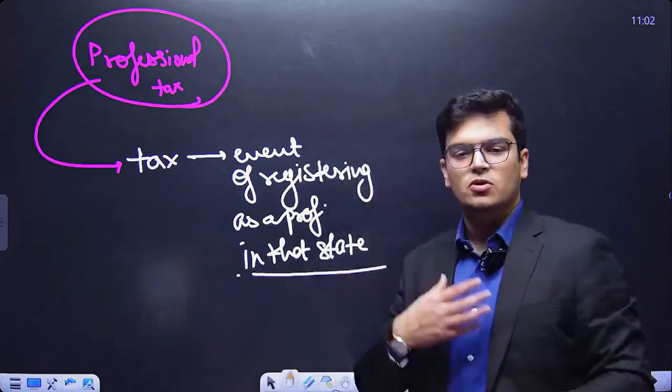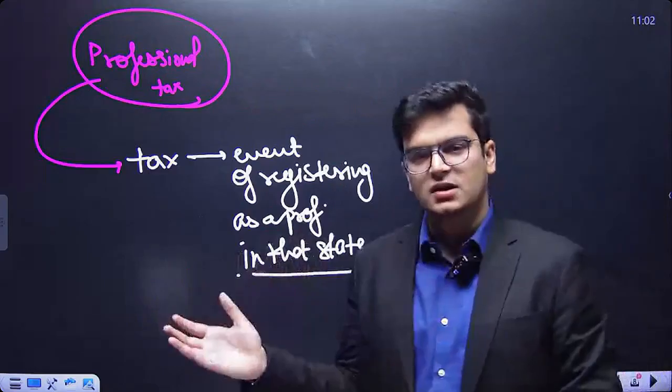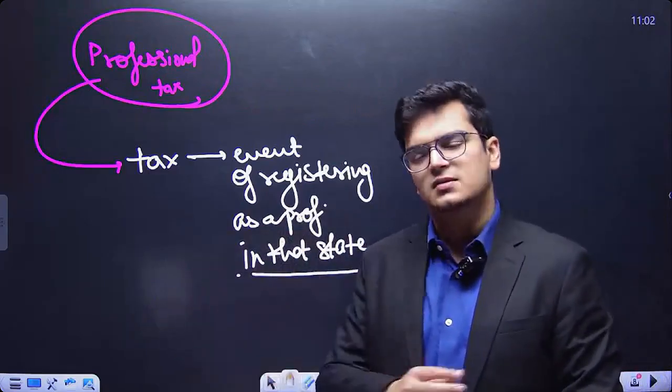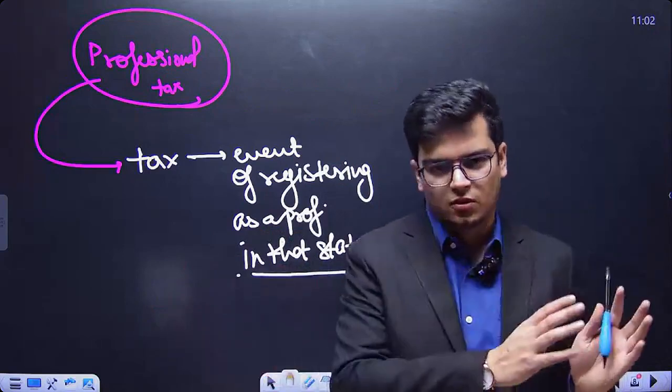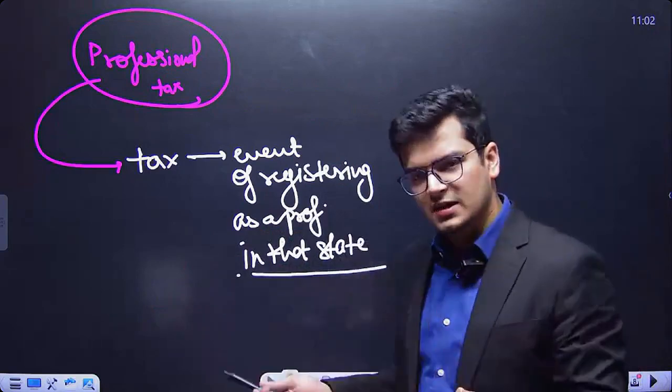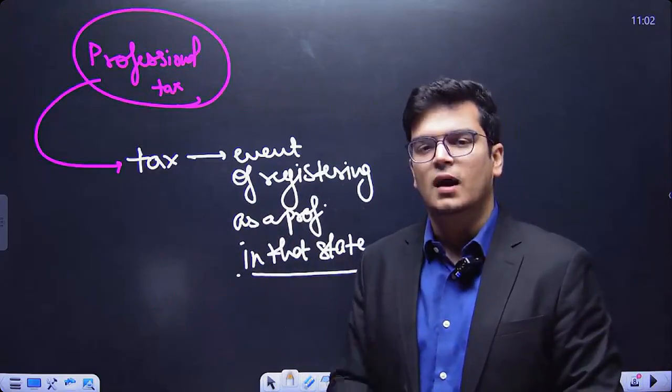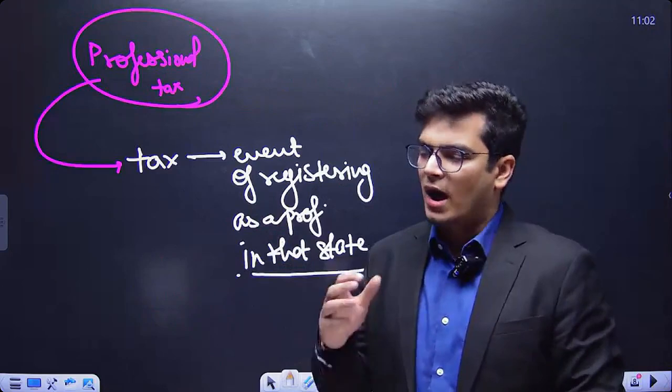For example, I am a doctor. My registration currently is in Delhi, right? I can register in any state of India. I can register in all states of India because of my degree. I am allowed to practice medicine in all states. Today, let's say I go and register in Haryana. I go and register in Haryana as a doctor.